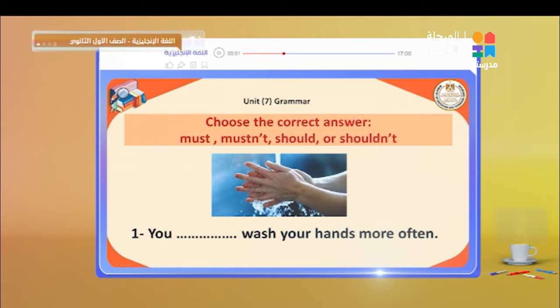Of course, this is advice. So we say you should wash your hands more often. As we said in our lesson, when we talked about how to keep healthy and clean, it's advisable to clean our hands before eating, after playing with pets, and so on. So we say you should wash your hands more often.